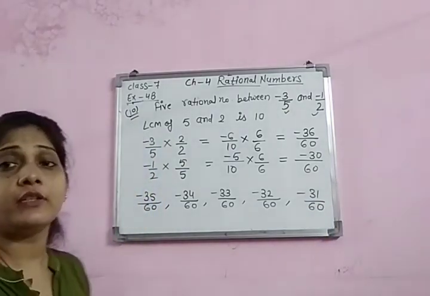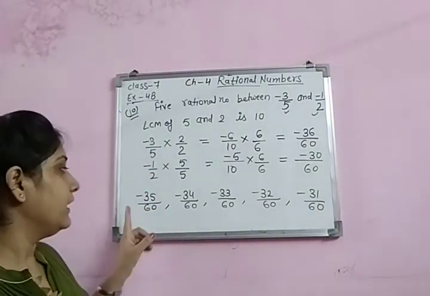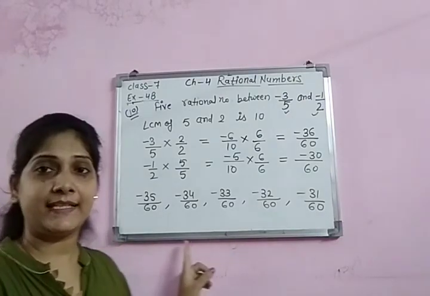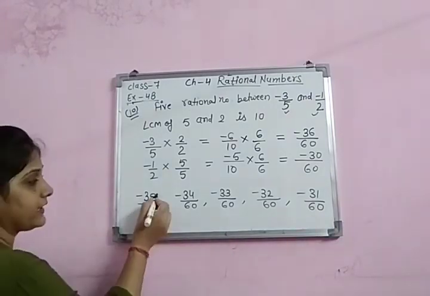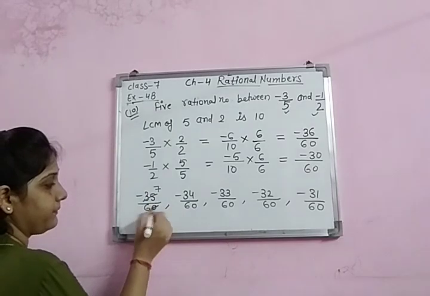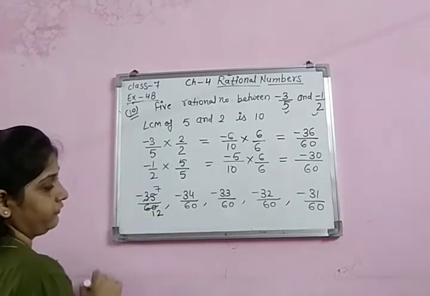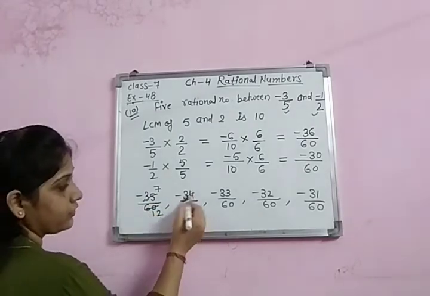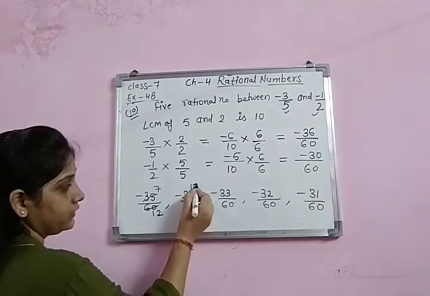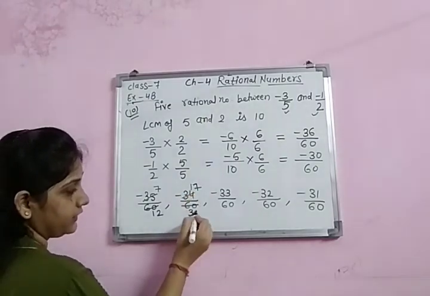And if you want, children, you can write in lowest form also, if any number cancels out. Like this I can cancel out: 5 7s are 35, 5 12s are 60. This also by 2, 17 and 30.